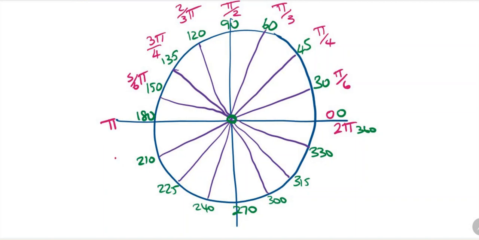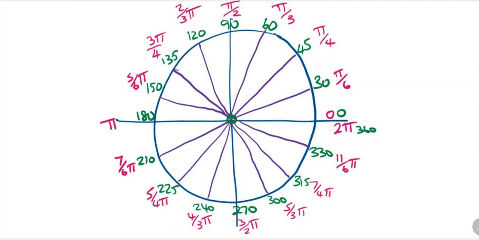Then we've got 7 over 6 pi, 5 over 4 pi, 4 over 3 pi, and then 3 over 2 pi, 5 over 3 pi, 7 over 4 pi, and 11 over 6 pi.